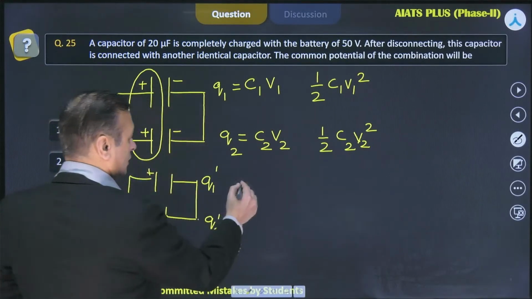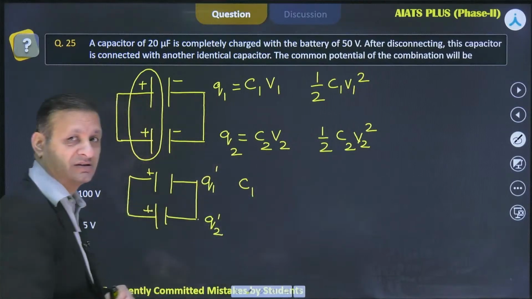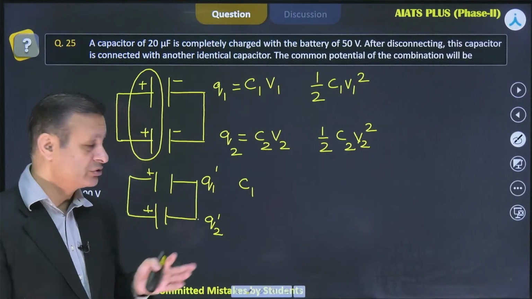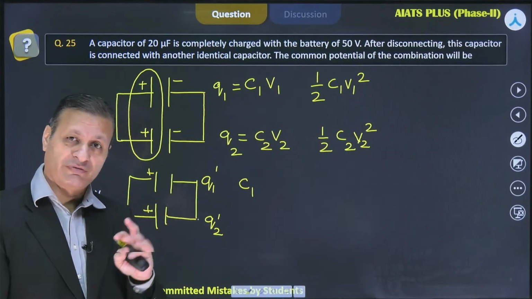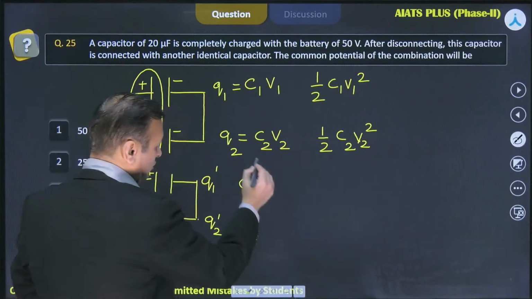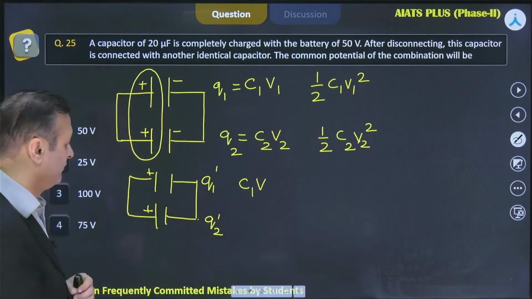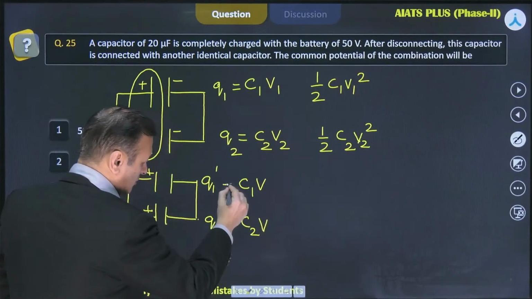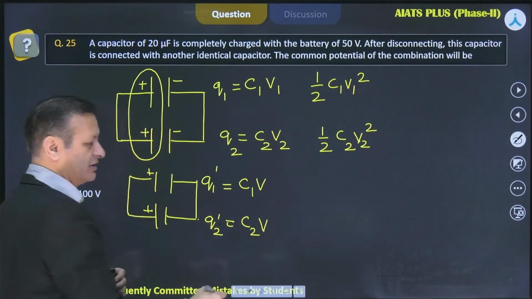Capacitance, that is C1, is irrespective of its potential or source applied. It depends only on the configuration. We understand it. So the common potential would be V. They both attain the same potential, and these are the final charges.